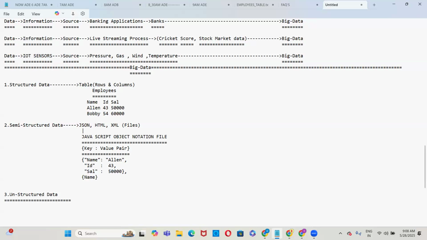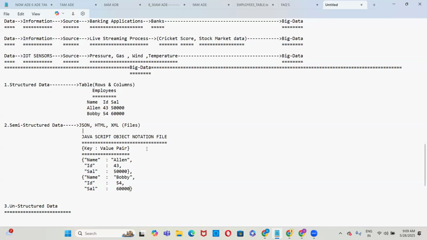Again, name, ID, and this ID is 54, comma, and the salary I can say is 60,000.